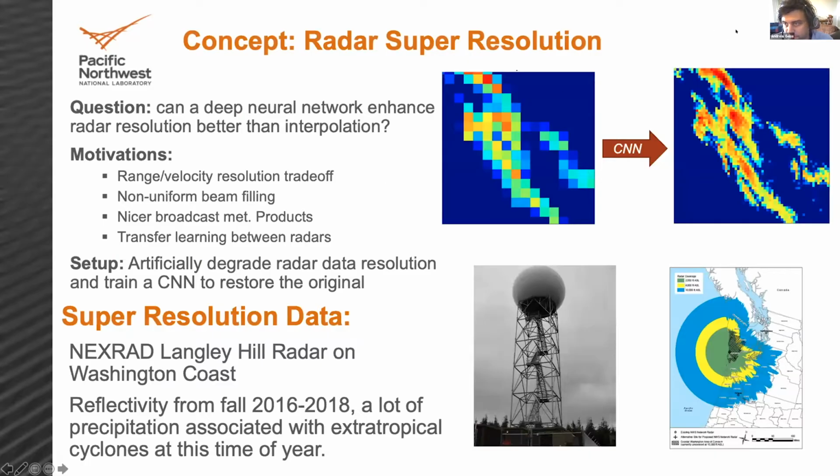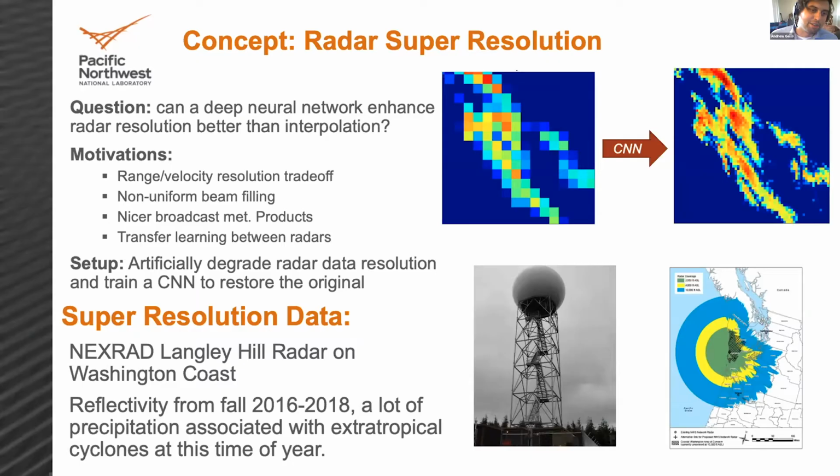So first I'll talk about the super resolution. So the idea here, I guess you just heard a little bit about super resolution in the last talk. The idea is basically, can we use a convolutional neural network to artificially enhance the resolution of radar data? And the motivations for doing this are quite a few.